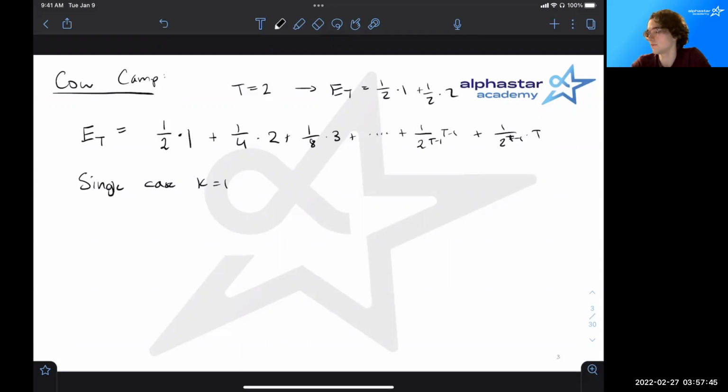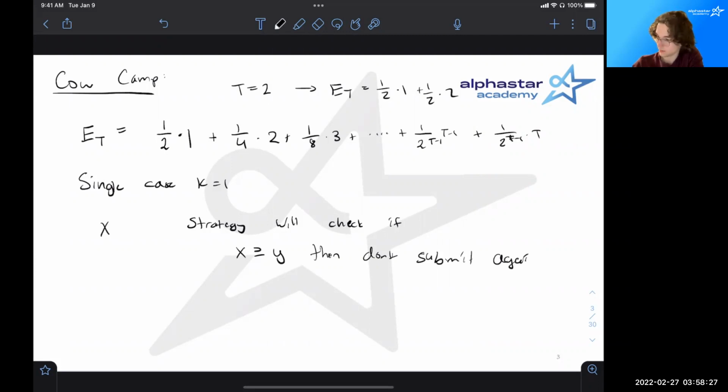If we have 2 flips and we get a score, let's say our score is x, there'll be some cutoff, say y. If x is greater than or equal to the cutoff, don't submit again.